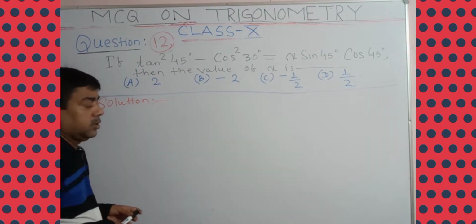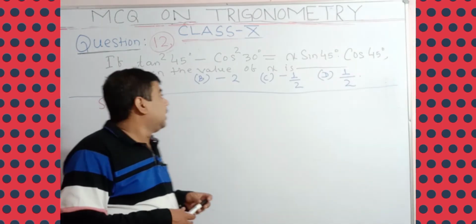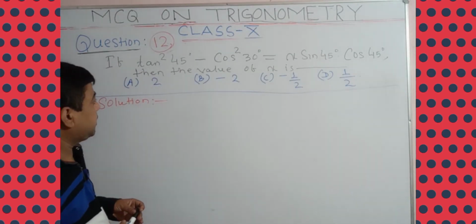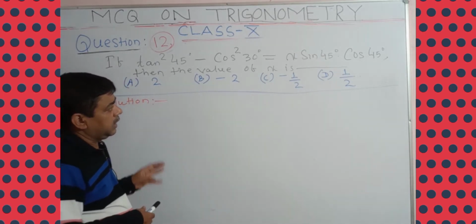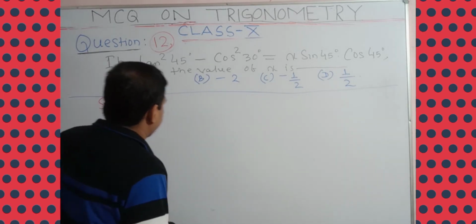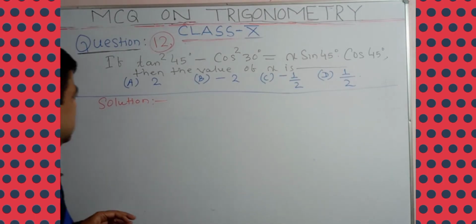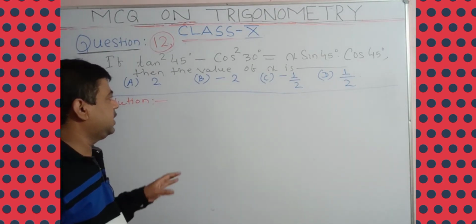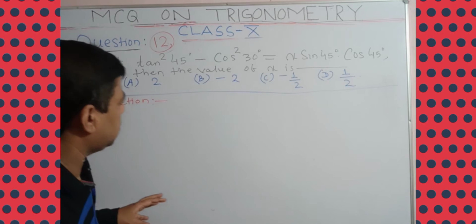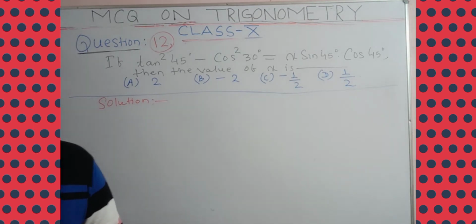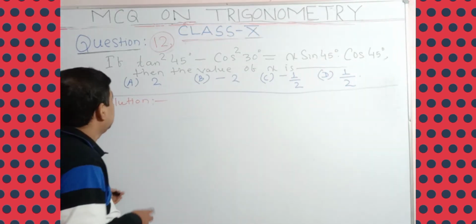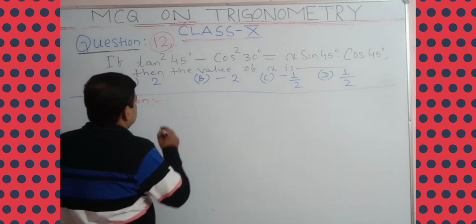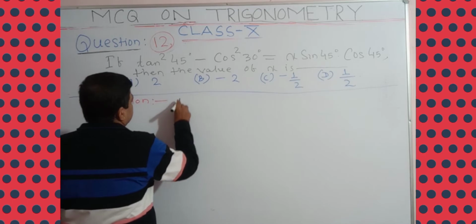Okay? So question number 12 is: if tan square 45 degree minus cos square 30 degree is equal to x into sin 45 degree into cos 45 degree, then the value of x is: option A is 2, option B is minus 2, option C is minus 1 upon 2, option D is 1 upon 2. Okay? Understand? Let's see. Tan square 45 degree is given.